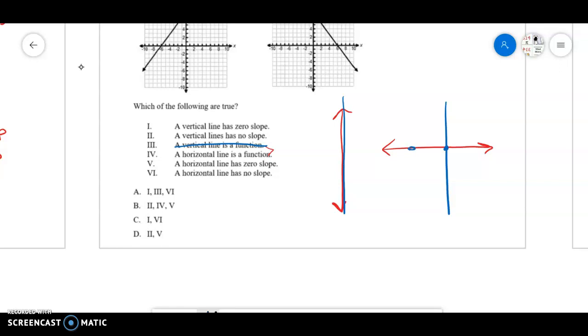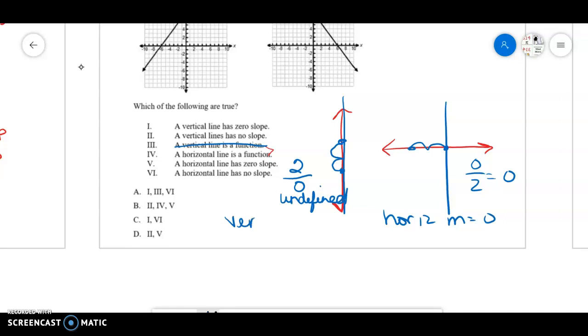If I wanted to count my rise over my run, I could say 1, 2, rise 2, run 0. This one I could say rise 0, run 2. So I know that when I divide by 0, this is in fact undefined. But 0 divided by 2 is 0. So a horizontal line has a slope of 0.